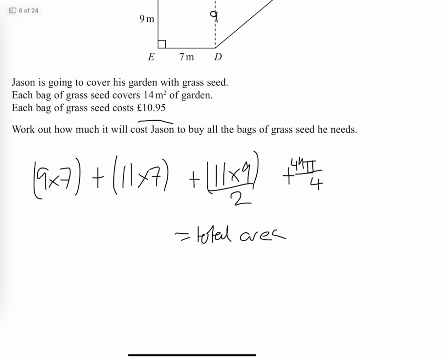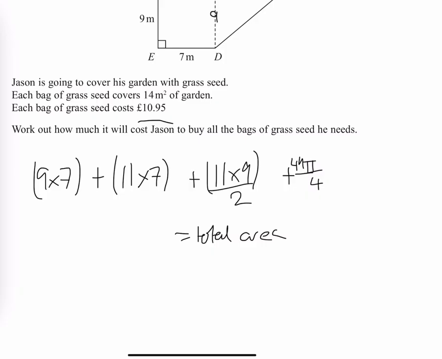So I'm going to type that into our calculator, and what do we get? Make sure you know how to use your calculator, because I always seem to forget how mine works, which really does slow me down. 11 times 7, 11 times 9 over 2, and I've typed it in wrong, plus 49 pi.